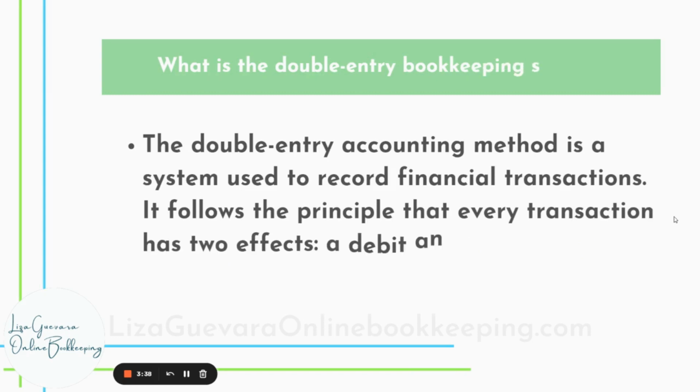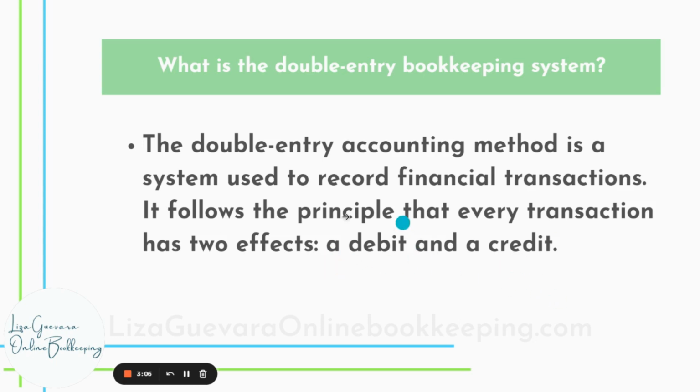So what is the double entry bookkeeping system? The double entry bookkeeping system or accounting method is a system used to record financial transactions. It follows the principle that every transaction has two effects, a debit and a credit. So for example, if you buy an office supply for cash, you will debit the office supply and credit cash.